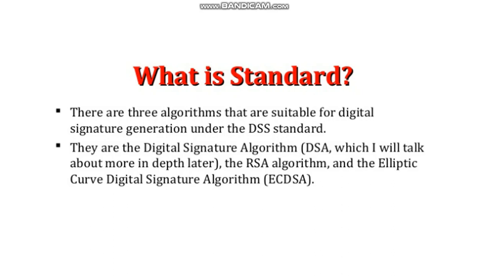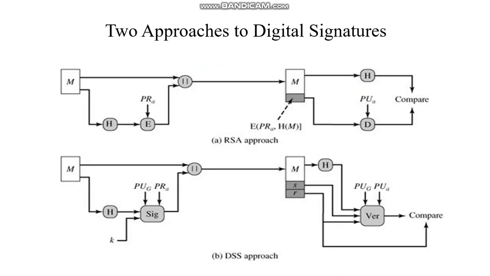Various algorithms can be used to generate digital signatures, and two approaches are shown here in pictorial representations. The first approach is the RSA algorithm. Here the original message is hashed, and the hash value is encrypted using the sender's private key.